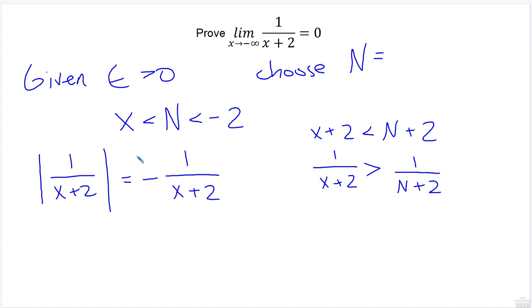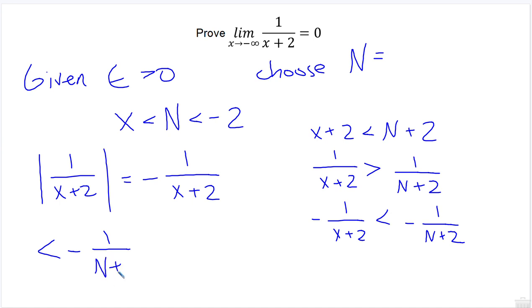So if I multiply both of these by a negative, I'll end up with negative 1 over x plus 2, which is what I've got, and I'll end up with negative 1 over n plus 2, but it's no longer a greater than, it's now a less than sign, because we've multiplied both sides by a negative. Therefore I can say that negative 1 over x plus 2 is less than negative 1 over n plus 2.